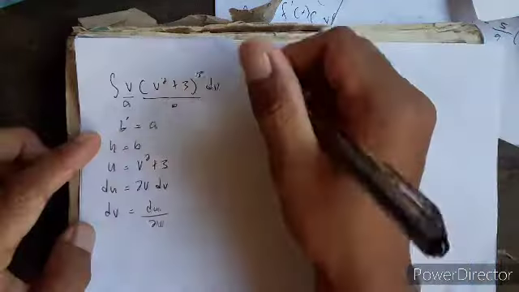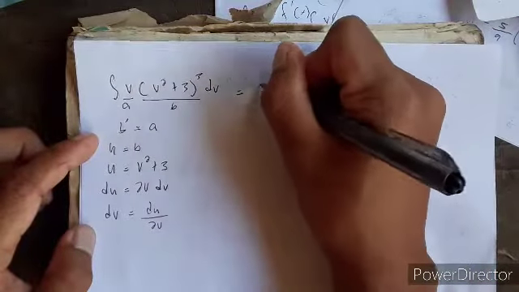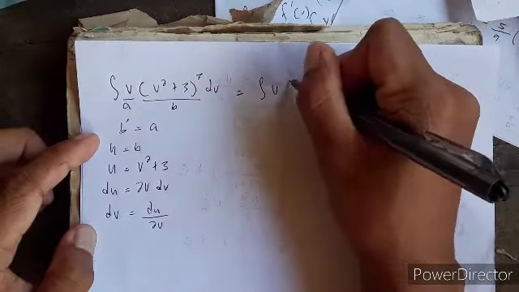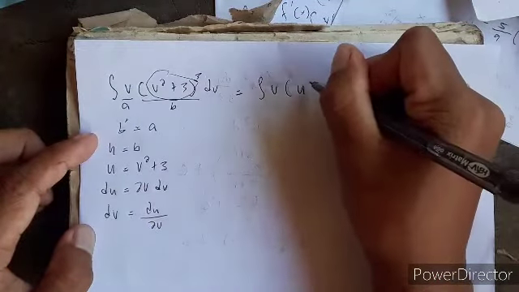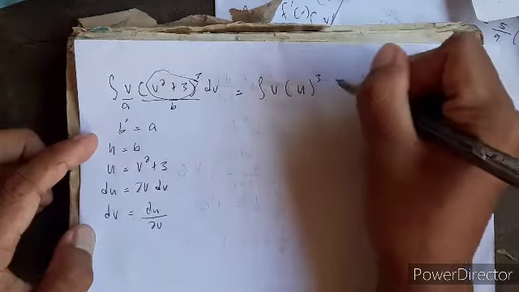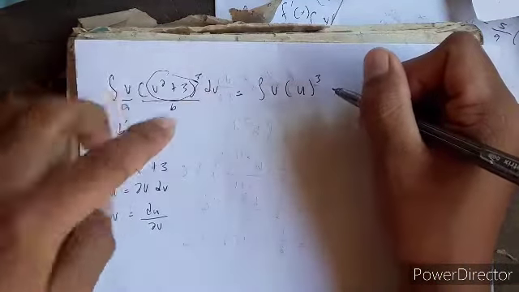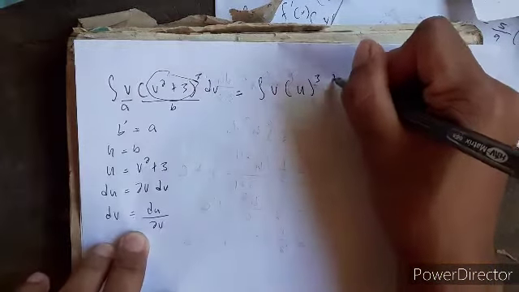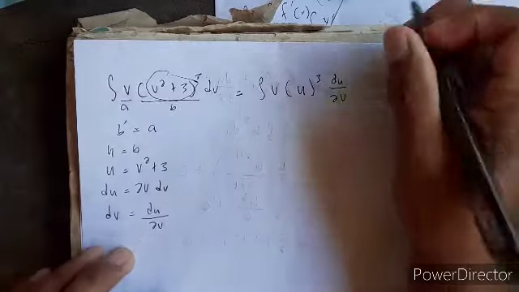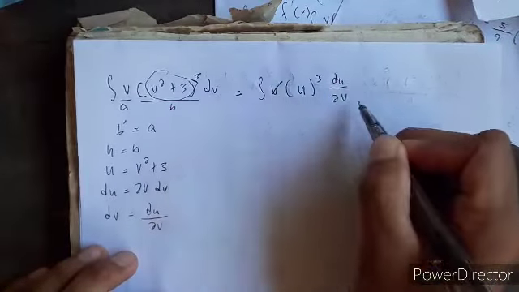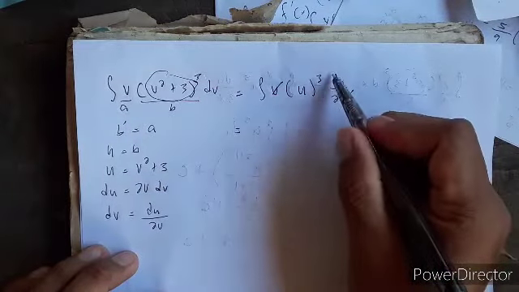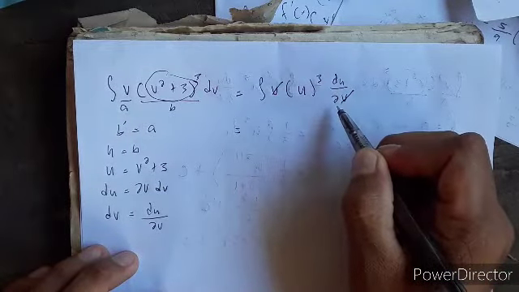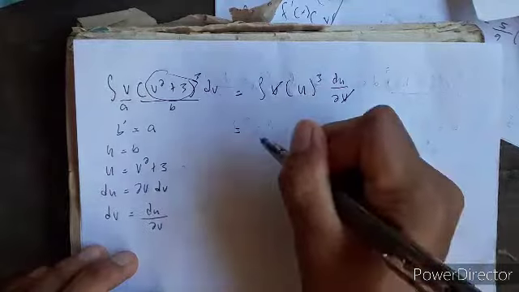By substituting, we have the integral of v, and this thing here is our u, raised to the power of 3. Our dv is du over 2v. As you can see, we can easily cancel the v, and what remains is a constant of 1/2 that we can isolate outside the integral sign.